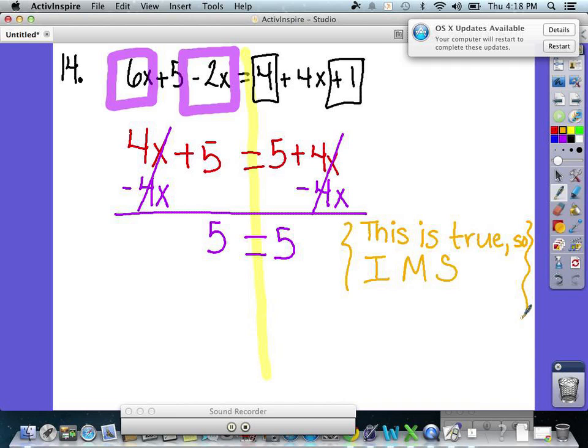You notice we only did 2 steps. We combined our like terms that were on one side of the equal sign, and then we looked on the other side and we combined our like terms over on that side. Then we got our variables together, and then we just simply brought down what was remaining. So that's all you have to do on that problem.